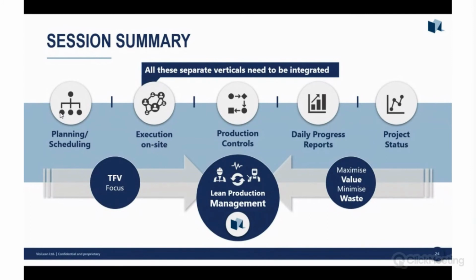Once you've done that, lean production management is so powerful in construction to reduce costs and waste, especially at a time where margins are going to be as thin as they've probably ever been going forward, and there's a real emphasis on cutting costs.